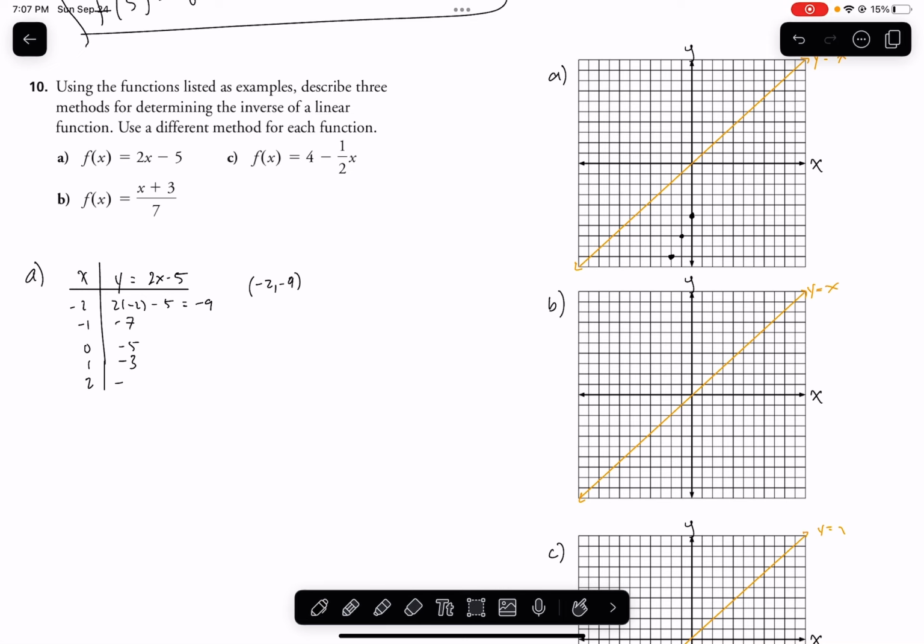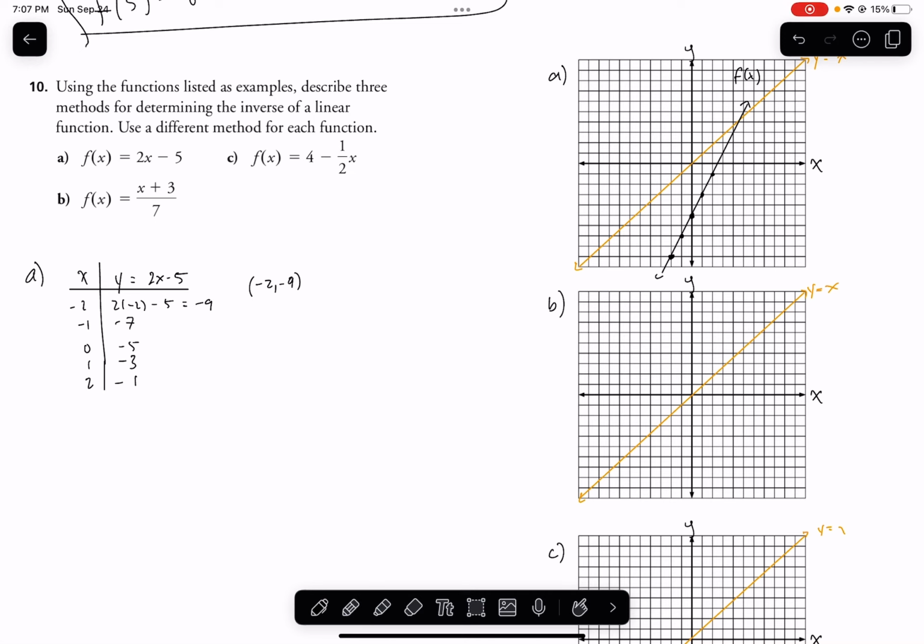I don't need to plot the rest of the points, but we can definitely see that 1, -3 is going to be the next point, and 2, -1 is the next point. Okay, and I think we get the idea. So I can connect those. And we're going to see that would be the graph of f of x for this particular question.